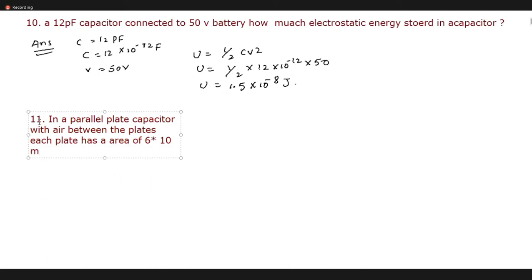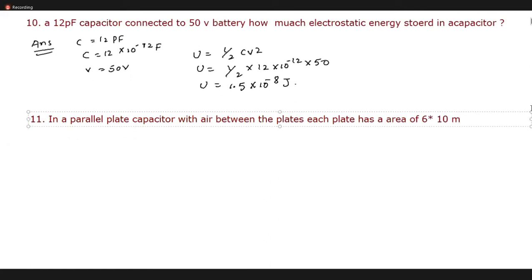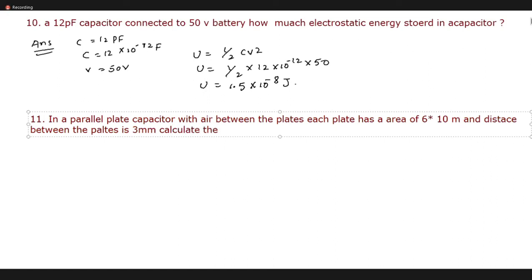You write it please. Minus 3 or minus 2, ma'am? Minus 3, sorry, minus 3 meter squared. And the distance between the plates is 3 mm. Calculate the capacitance of the capacitor.